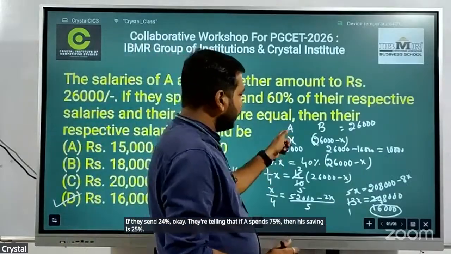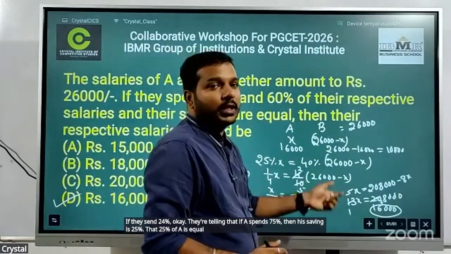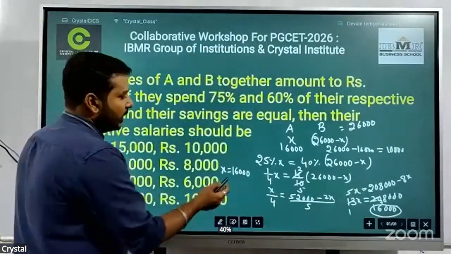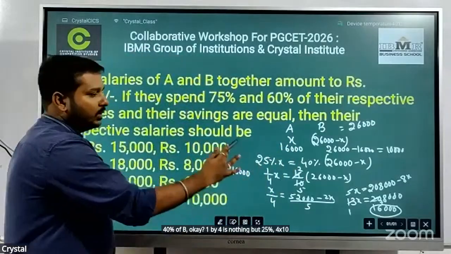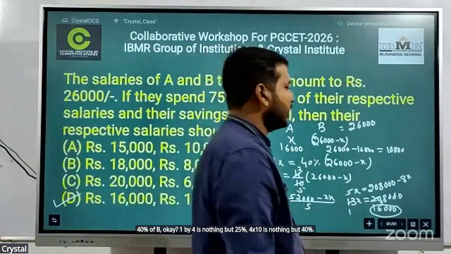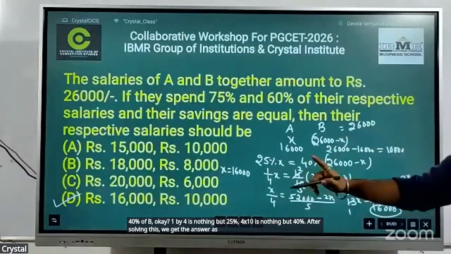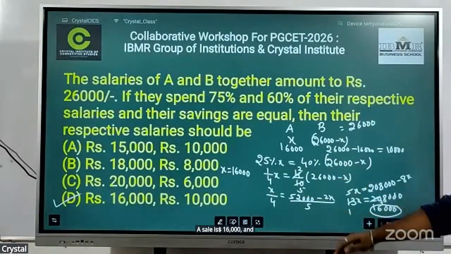That 25% of A is equal to 40% of B. 1 by 4 is 25%, 4 by 10 is 40%. After solving this, we get A's salary as 16,000 and B's salary as 10,000.